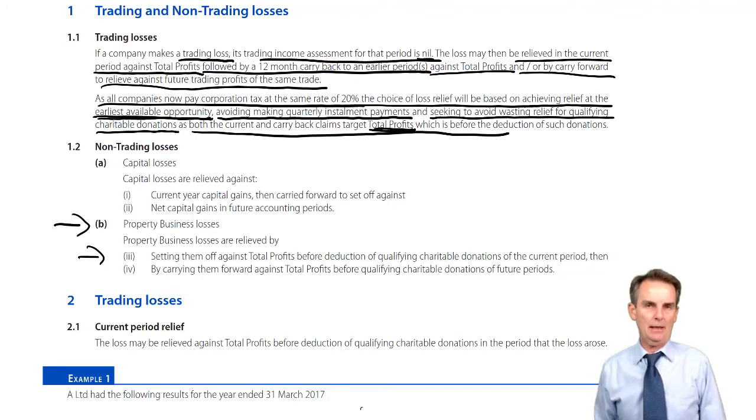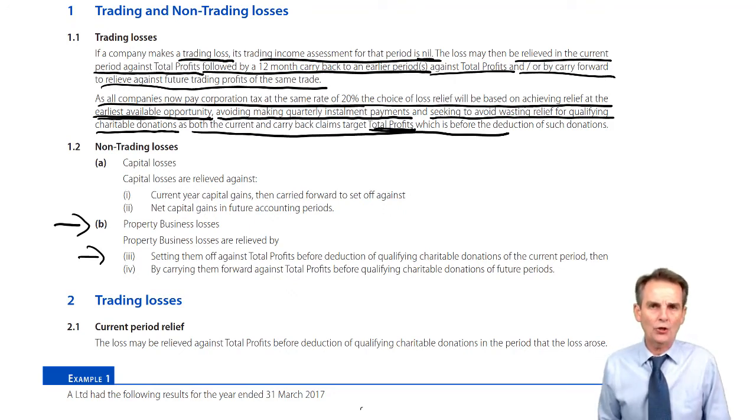And that automatically happens. It goes against the total profits of the current period, and that relief, if necessary, would apply before any trading loss relief, though it's unlikely that you would have both in the same period. Now the probability is that that loss will be much less than the total profits of the current period, and that'll be it, job done.